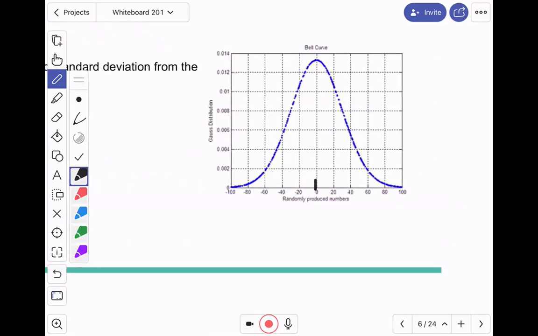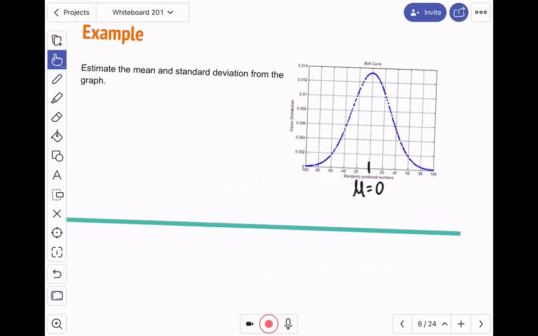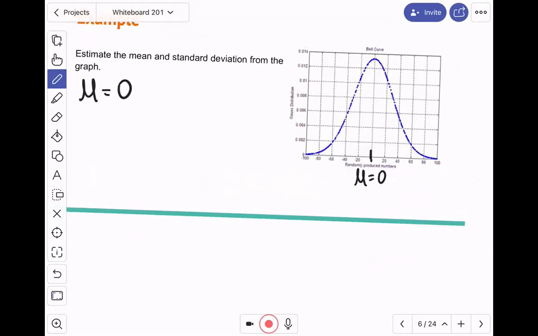So what is mu equal to here? 0. Thank you. The mean mu is equal to 0. Now, if you had to guess the standard deviation, what would it be?